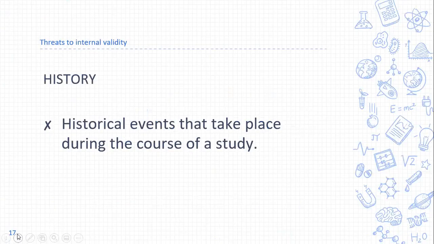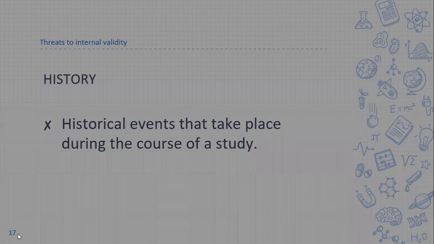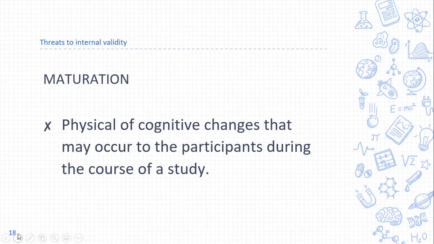First issue that I'm going to talk about is history. Now this refers to historical events that take place during the course of a study. This could be an unusually influential event that may coincide with the phase of the project, which threatens the validity of a study. This could be something that happens to one of the participants that affects the way they react or a way they learn something that relates to the study.